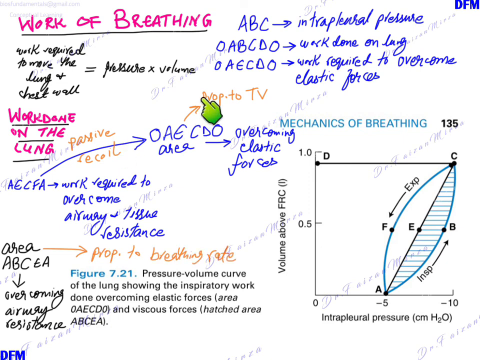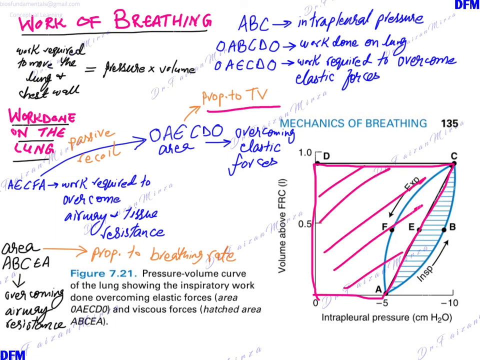What is proportional to tidal volume and what is proportional to breathing rate determines how much work is done in breathing, in expanding the chest wall and the lungs as well. The region I have just shaded pink is the one proportional to tidal volume, and the one I have just shaded green is proportional to the breathing rate.